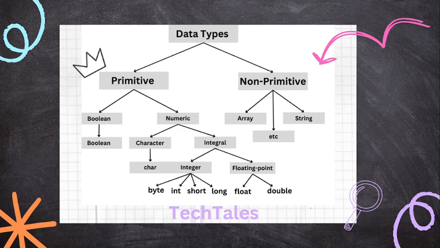In primitive, we basically have boolean, char, byte, int, short, long, float, and double. In non-primitive, we have string, array, classes, enum, etc.